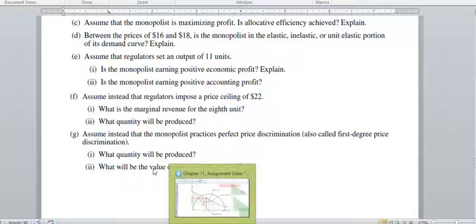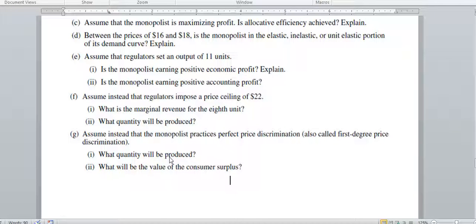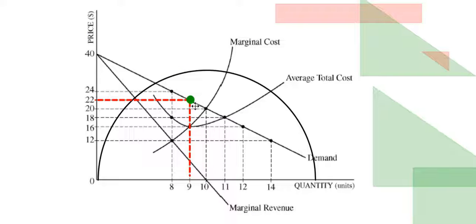So we jump back over here, but we want to know what the quantity it produces, and that's going to be where marginal cost equals price. So we're going to move to here. So the quantity produced is going to be 10, right? And the price is going to be 20. I don't think it asked for a price.